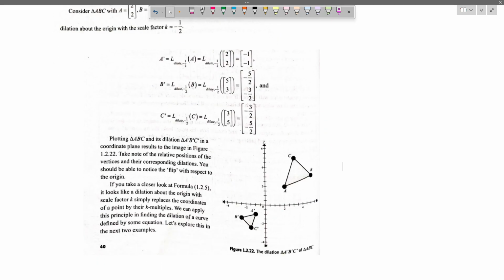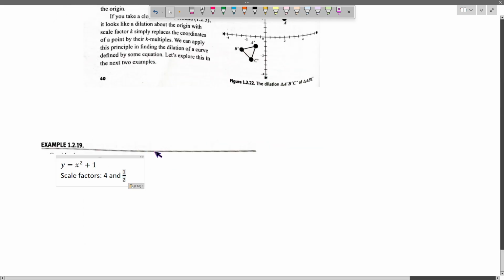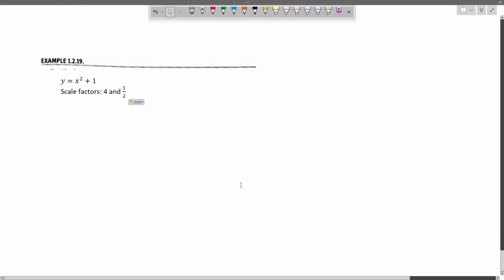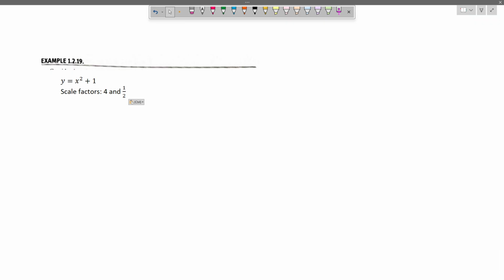Okay. And then for our next example, if we have equations or functions, this is how we're going to solve for the scale factors.